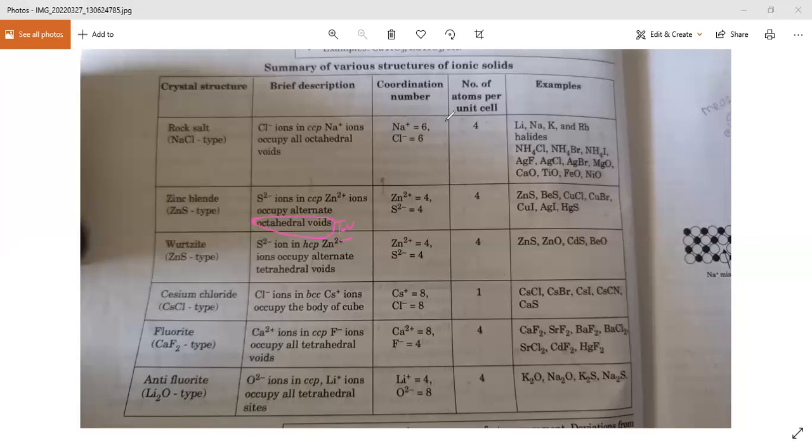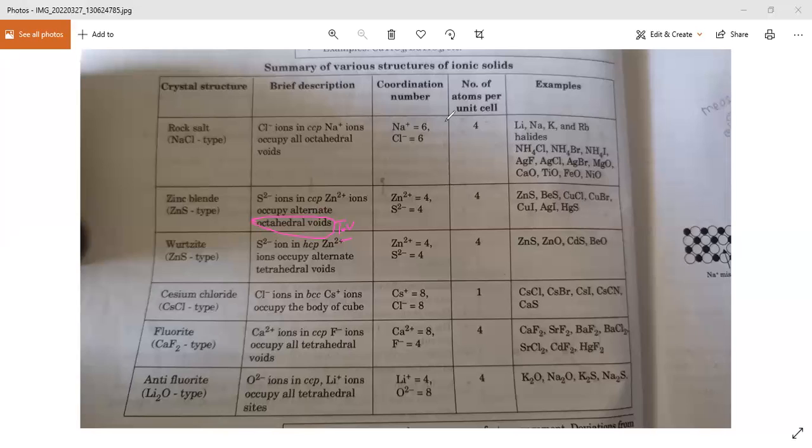So number of atoms per unit cell will be 4 in the case of antifluorite structure also, and which is mostly common in the case of K2O, Na2O, K2S, Na2S. Because what is the main reason? If you take K, Na, potassium, sodium and all, they belong to first group, right? In the periodic table.